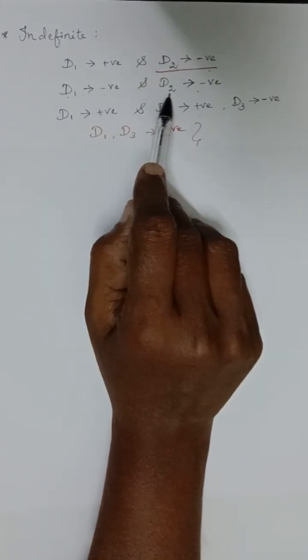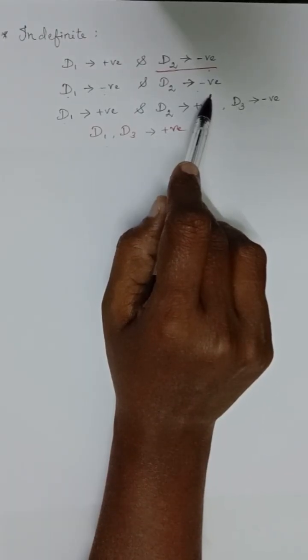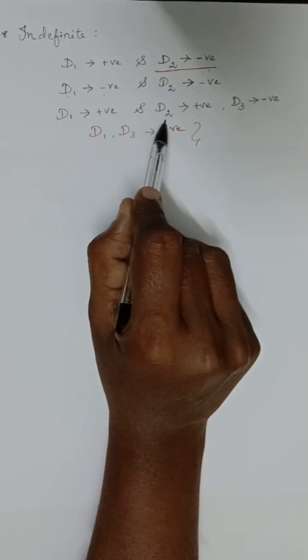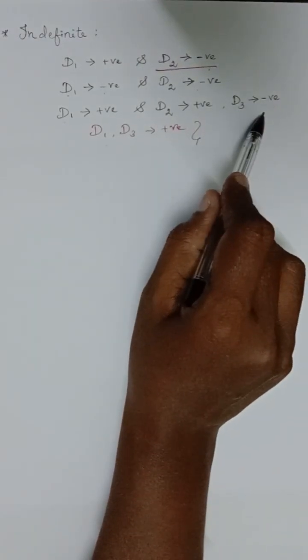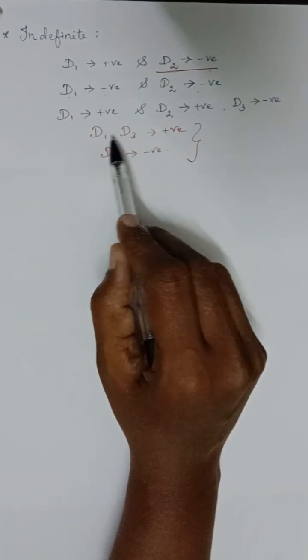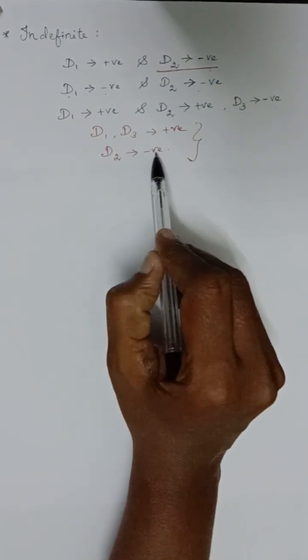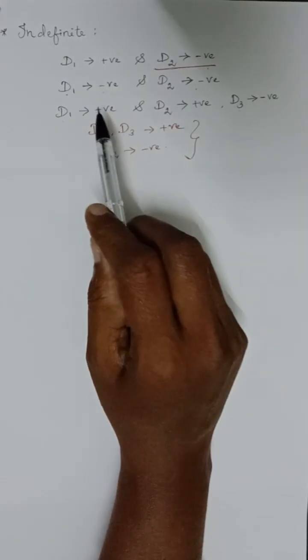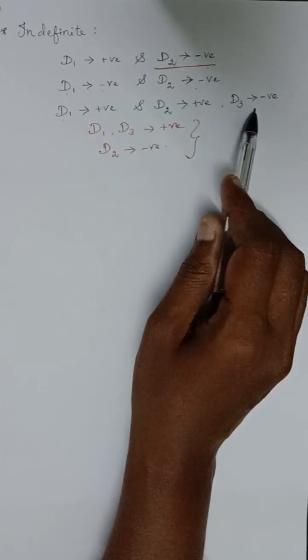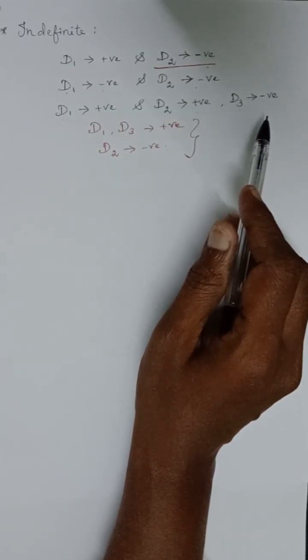D1 is negative, D2 is negative, obviously indefinite. Here, D1 is positive, D2 is positive and D3 is negative. That is also an indefinite case. So if D1, D3 are positive and D2 is negative, it is indefinite, and if D1 and D3 are both positive or both negative, that is also called indefinite.